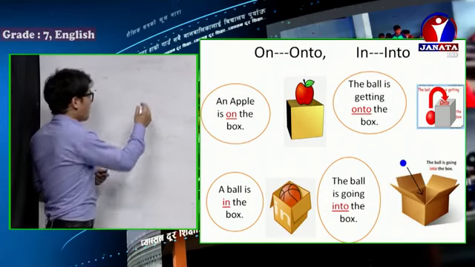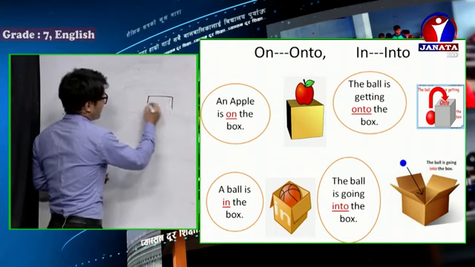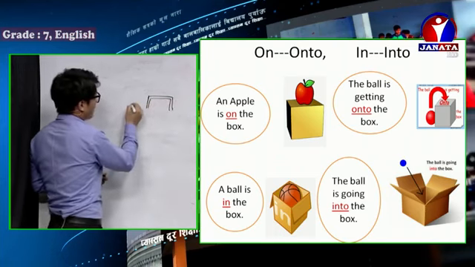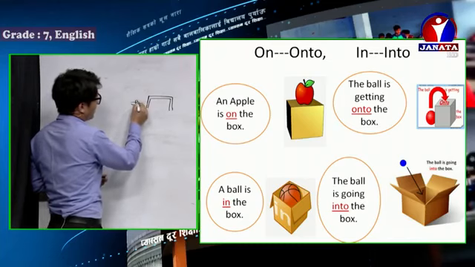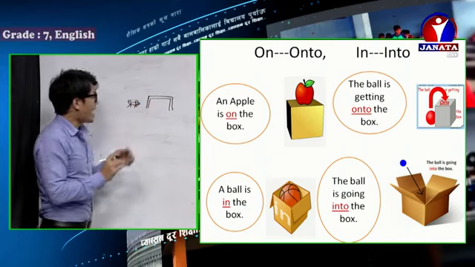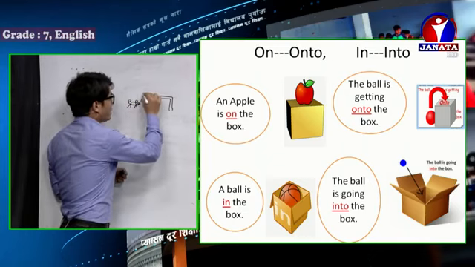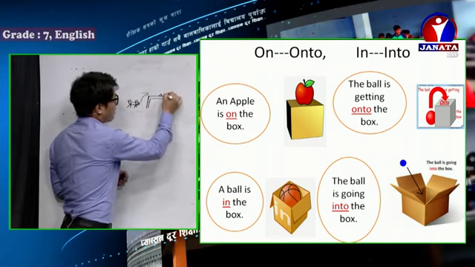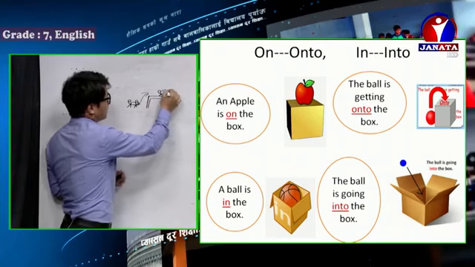Now let me give you an example here. This is a table. Let me draw the picture here. This is a table. And here is a cat. This cat wants to be on the top of this table. On the table.